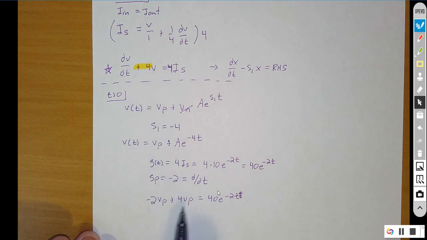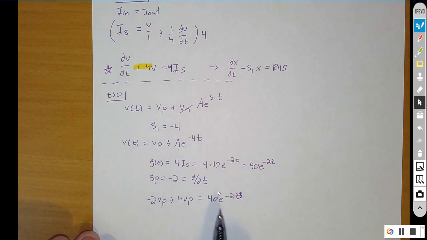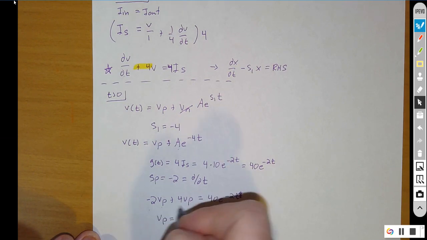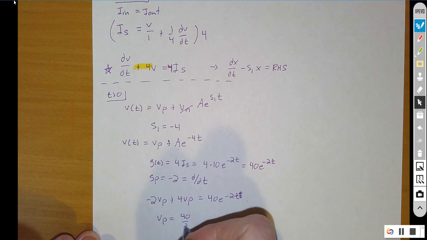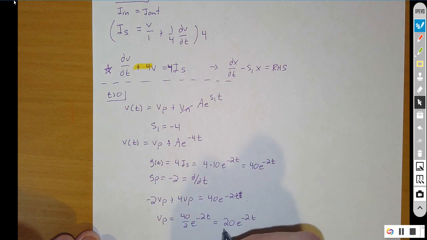There's our 4, and then we have 4 vs. At t greater than 0, this is what 4 vs is equal to. So now we solve for v particular. This becomes a 2, so we get 40 divided by 2 e to the negative 2t, which is just 20 e to the negative 2t. So that is v particular.